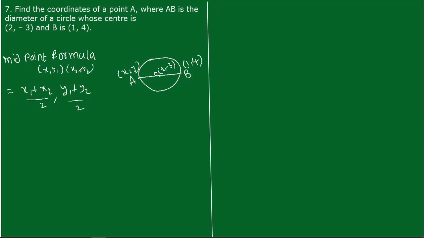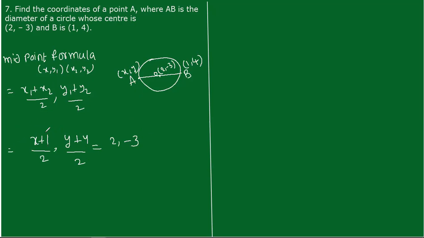Now let's apply the formula here. With x1 as x and x2 as 1, we get x plus 1 by 2, and y1 is y and y2 is 4, so y plus 4 by 2. And the center is (2, minus 3).